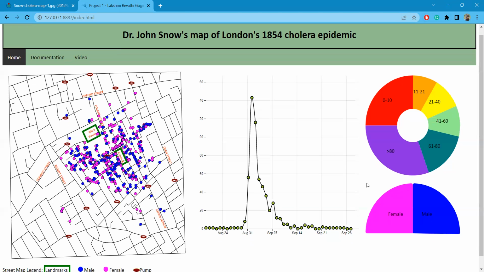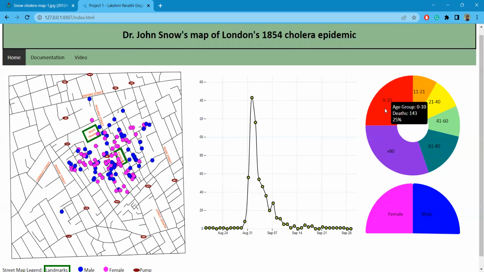And later I designed the pie charts for the distribution of deaths with age group and also sex. I added the labels for the pie chart, which represents the number of deaths and percentage of deaths, along with the interaction with the street map.